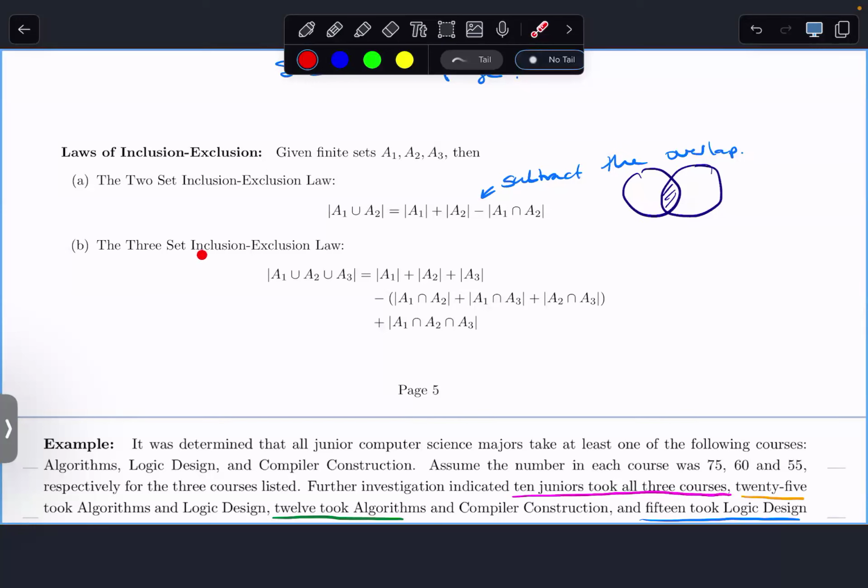For this 3 set, so we just looked at 3 sets, there is a law that we could use, but like I said, I find the Venn diagram more helpful, but you'd be doing the same thing if you wanted to find the cardinality of A1 or A2 or A3 by adding up the cardinality in A1, A2, A3, regardless of overlap.